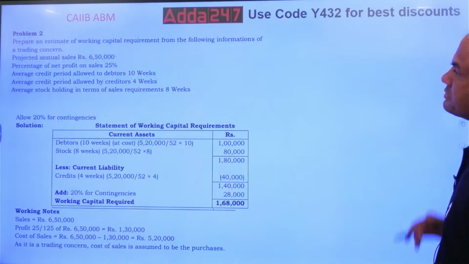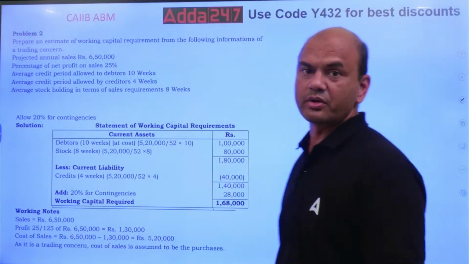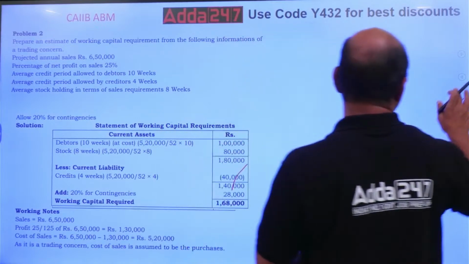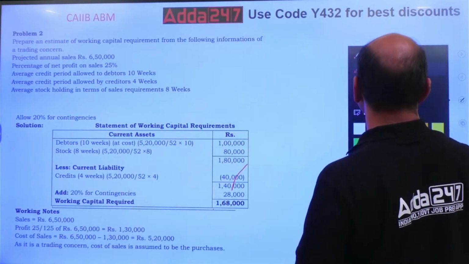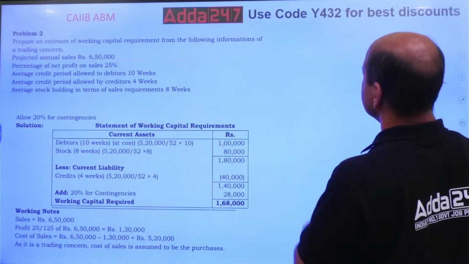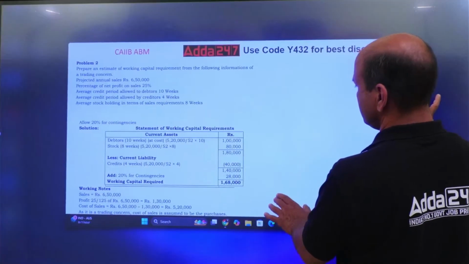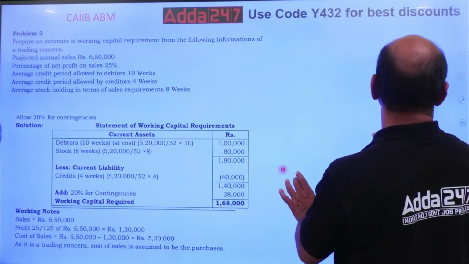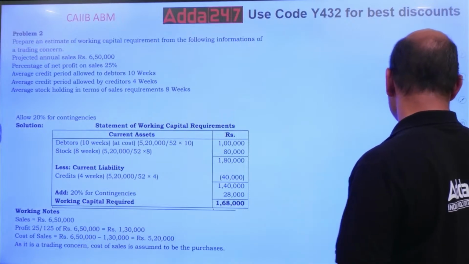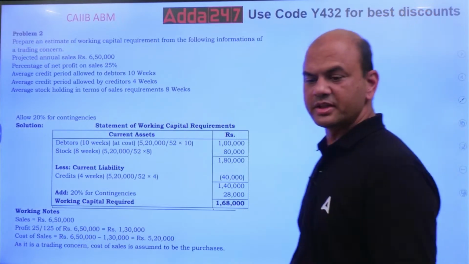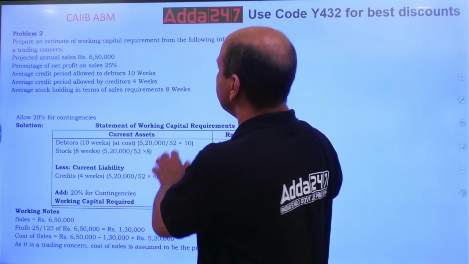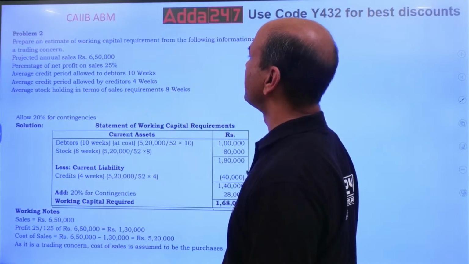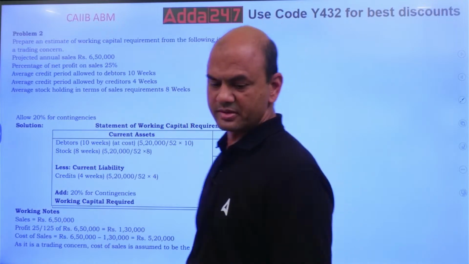Now this case study I was talking of is a very important one. Let me expand this. Able to see this now? See this. Prepare the working capital estimate, working capital requirement from the following information.